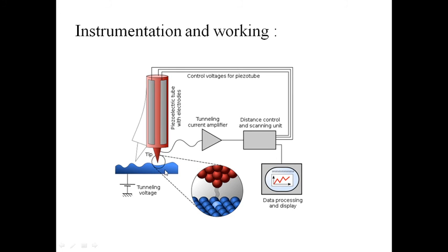This is a sample and voltage is applied between the tip and the sample, and it goes to the tunneling amplifier. See here is an amplifier, because whatever current is generated is too low for the detector to detect, so we need to amplify that signal coming out from the tip. That's why the tunneling current amplifier is used here.